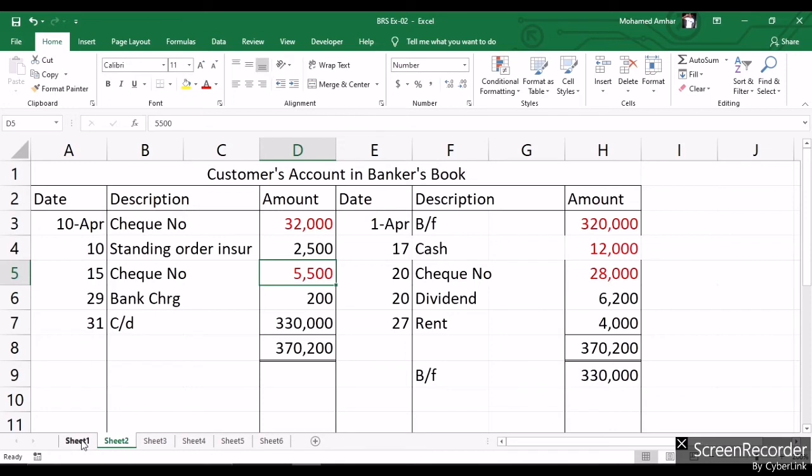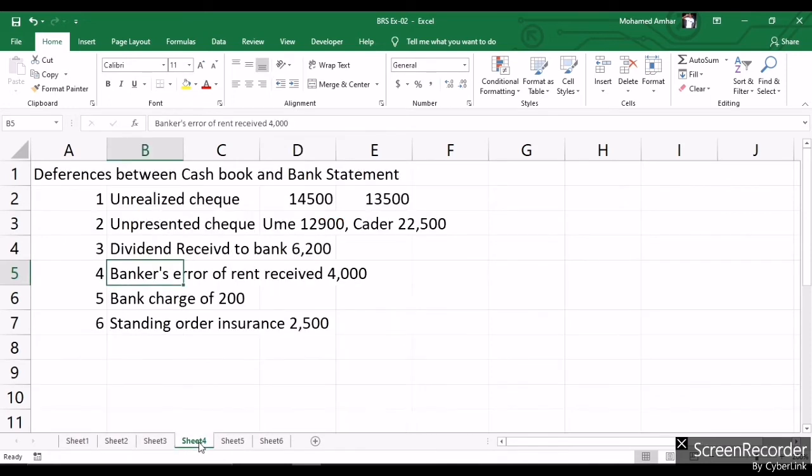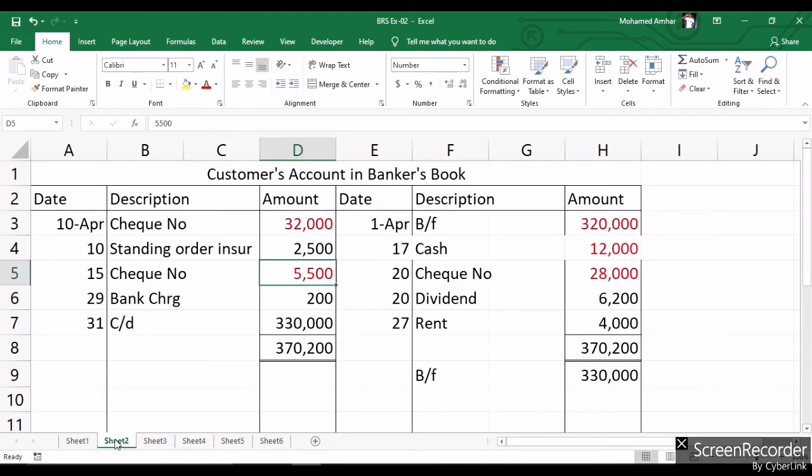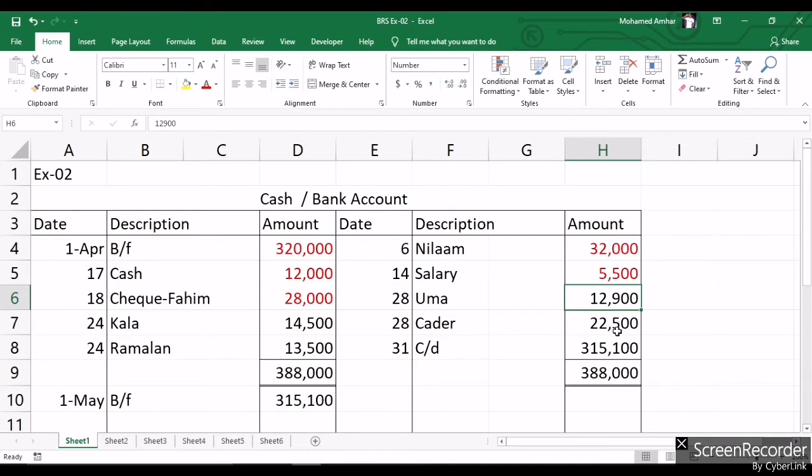So unpresented check. So it should be a difference. Unpresented check 12,900. Uma's check, given to Uma. And another check here given to Kader 22,500.